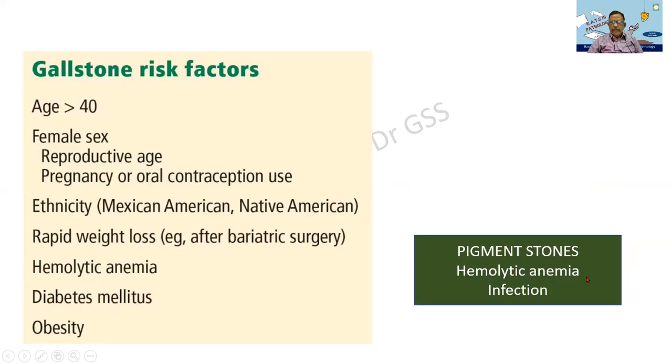Hemolytic anemia and infections we shall have in mind for pigment stones. Diabetes mellitus, obesity. So these are the risk factors which are involved in the formation of gallstones. Fat, fertile, female of 40 is usually given as a history.